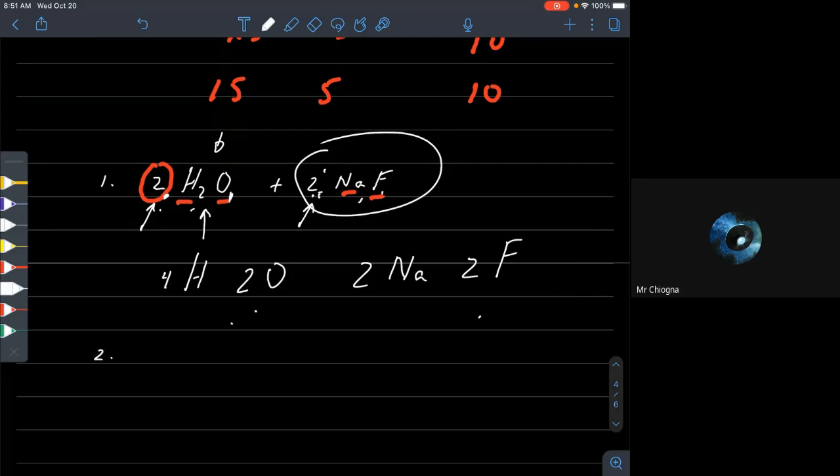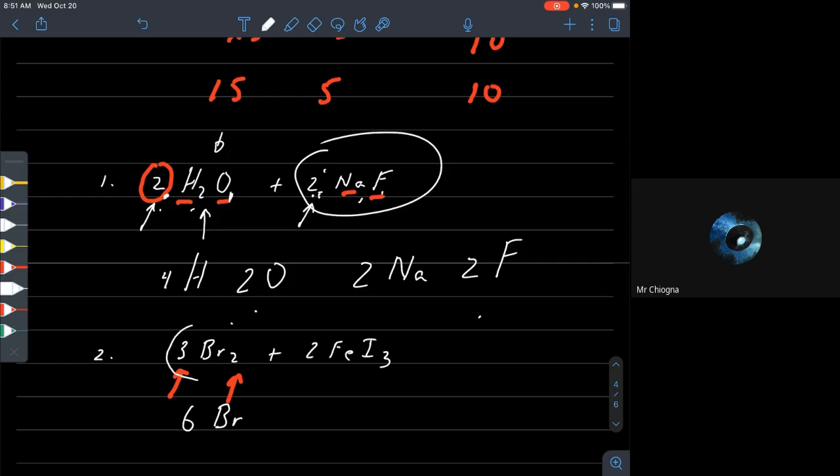3 bromine plus 2FeI3. What's the rule? Again, take the bigger number, multiply by the smaller number. So you get 6 bromine. There's no other element here.